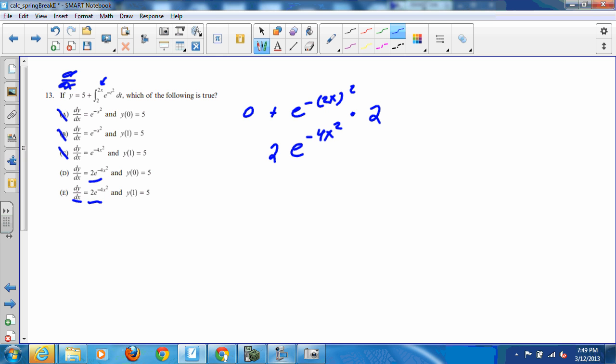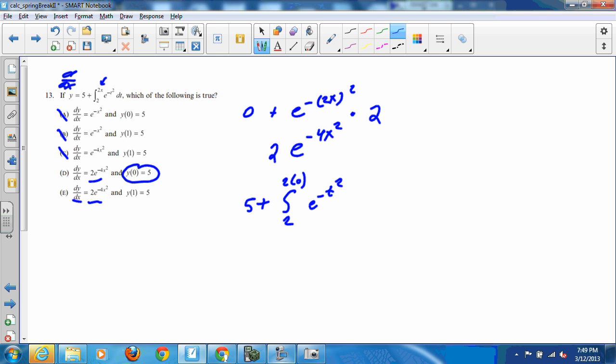Well, let's take a look at it a little bit closer. What exactly does this mean if I plug in 0 for x? Let's plug it into the limits of integration. Maybe that'll get us somewhere. So we have 5, and we have 2 times 0 of e to the negative t squared. Well, we can't really evaluate this integral because that's t squared.